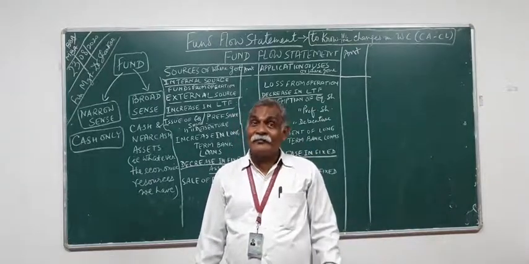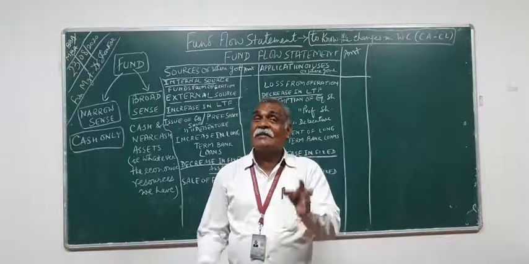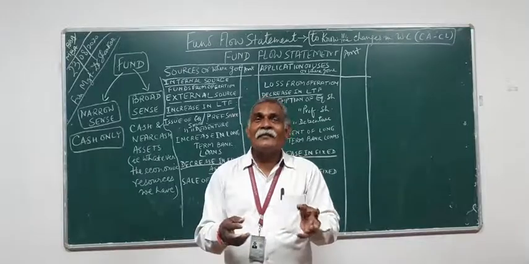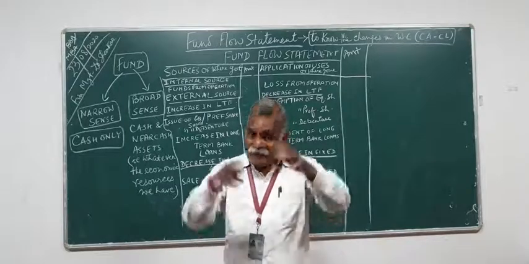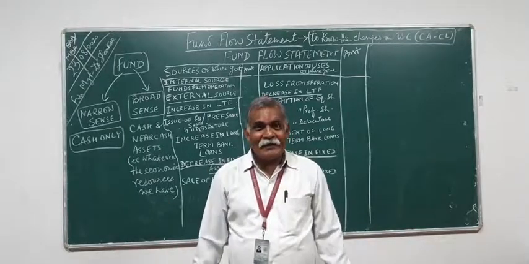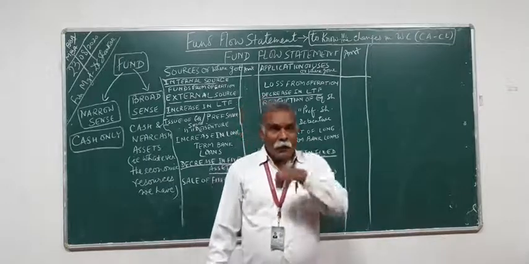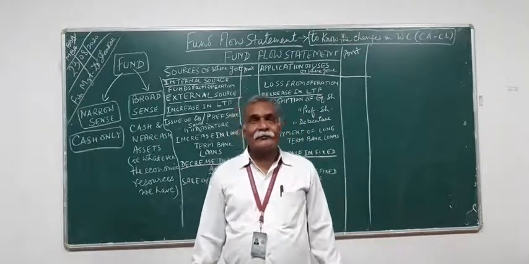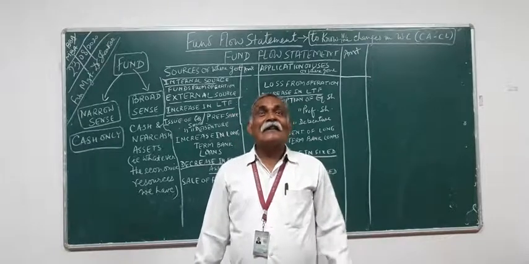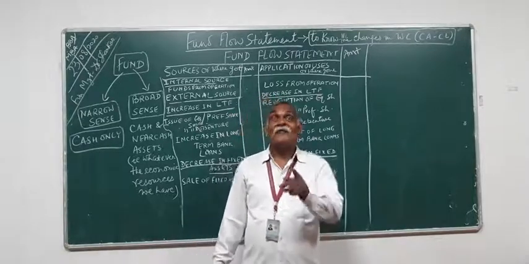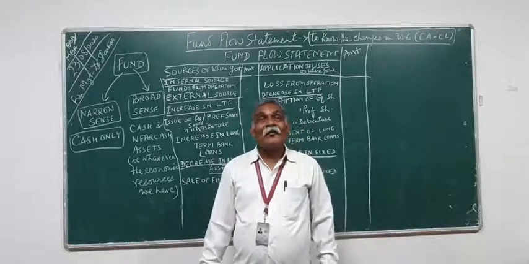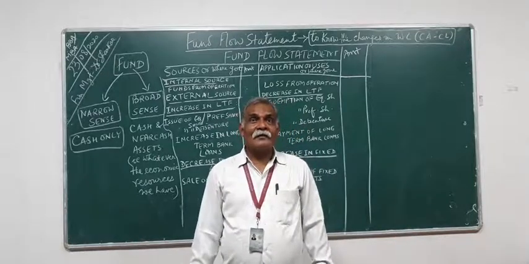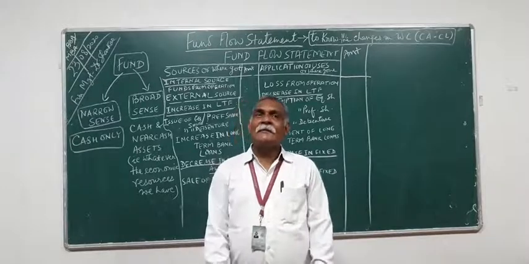It means not only cash but the assets which are very near to cash are considered as fund in a broader sense. And if you define fund in a broader sense, then we are supposed to prepare the fund flow statement.